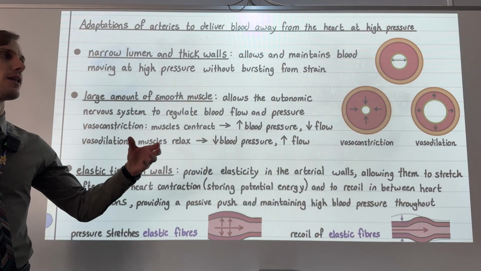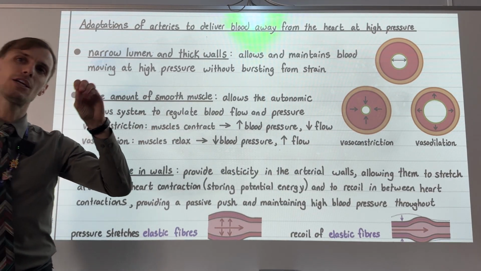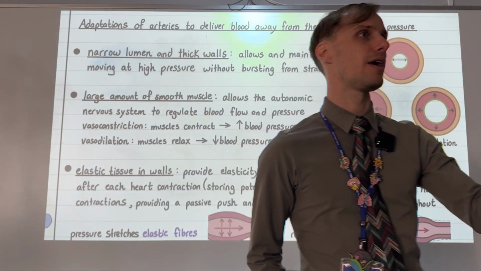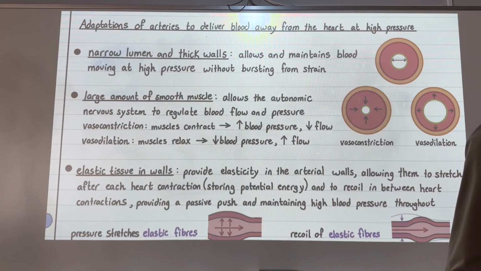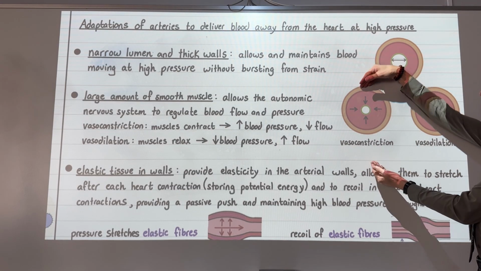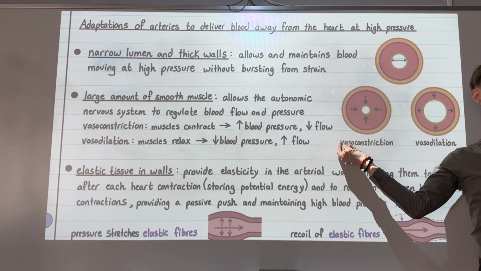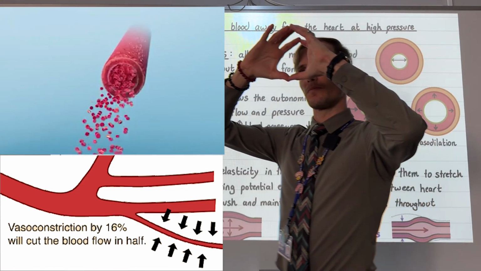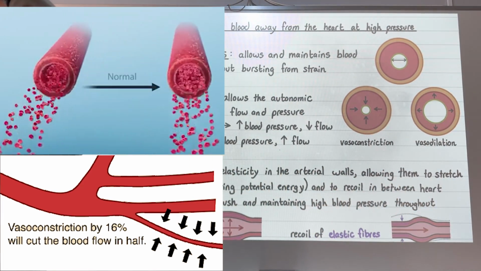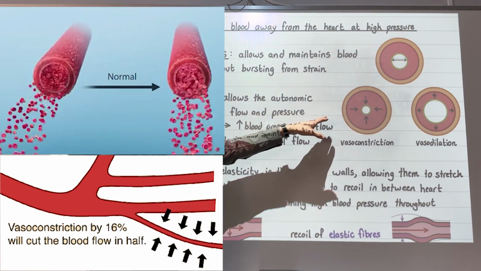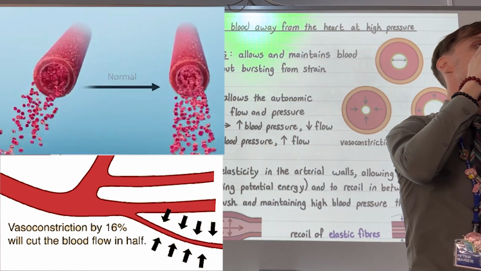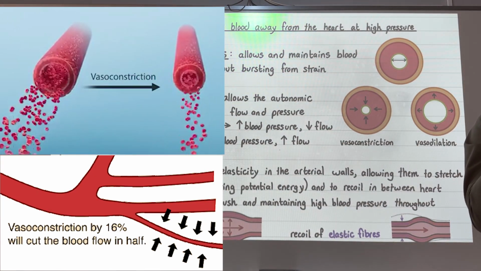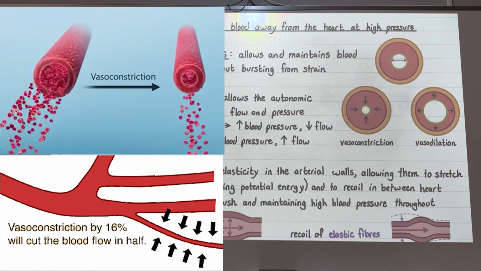If the body wants to decrease blood flow and increase blood pressure, it's going to do what's called vasoconstriction, vaso for vessel, meaning that your muscles are going to contract, causing the lumen to become even smaller. That will actually reduce blood flow to an area.